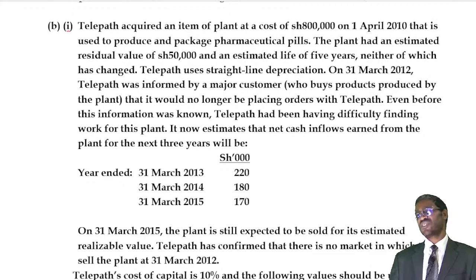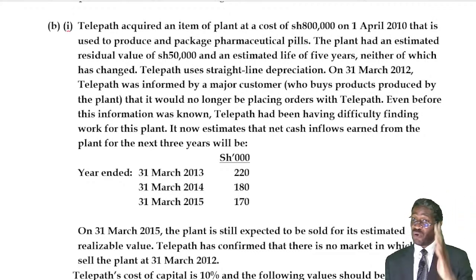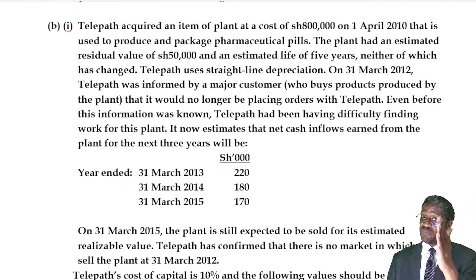It now estimates that net cash inflows from the plant for the next 3 years will be, by end of 31st March 2013... Don't forget, we are testing the impairment by 31st March 2012. Get the point now?